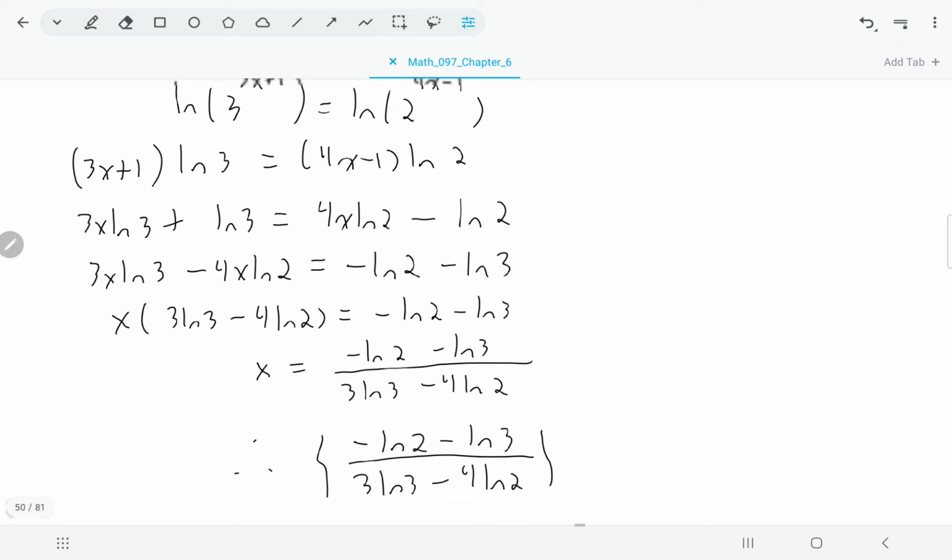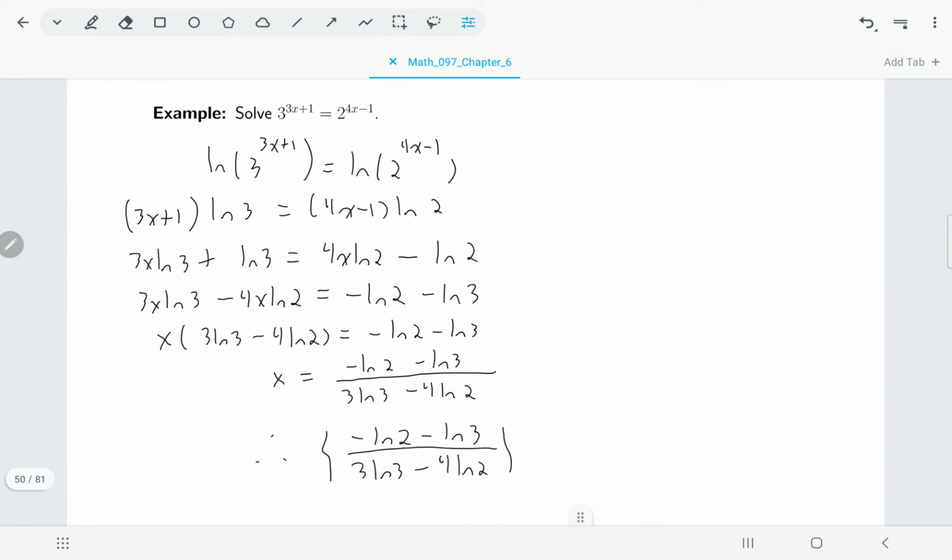I could stop there, and I'm totally fine with you stopping there, but I will point out that there are ways that we could simplify this answer and make it a little bit more compact if we wanted to. All of what I'm going to do here on the right is completely optional, but if you wanted to see how other people might write their answers, or specifically how you might see the answer actually given in a textbook, it's good to think about what I'm doing here.